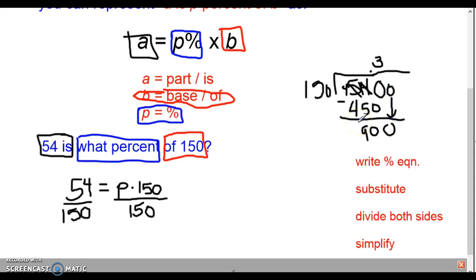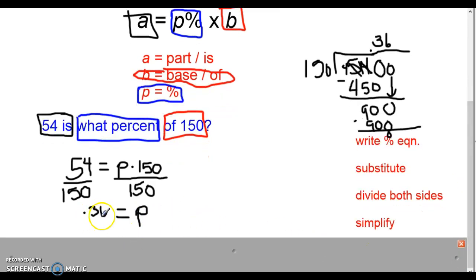So 150 can go into 900 a total of 6 times. 6 times 150 equals 900, and that would be the end. So 0.36 equals P.